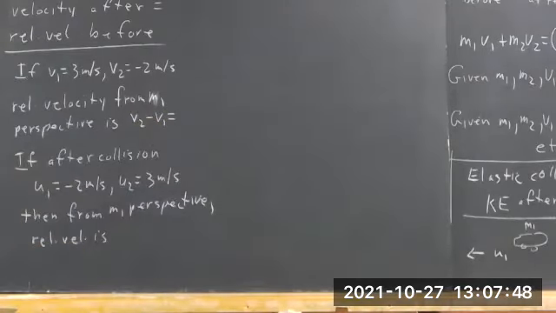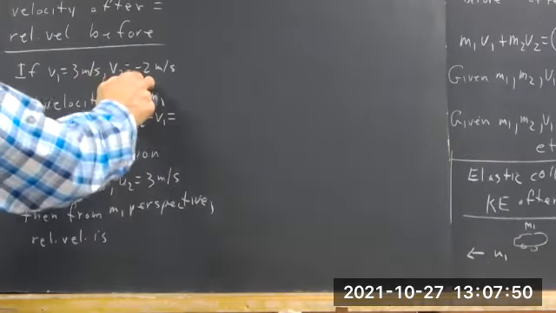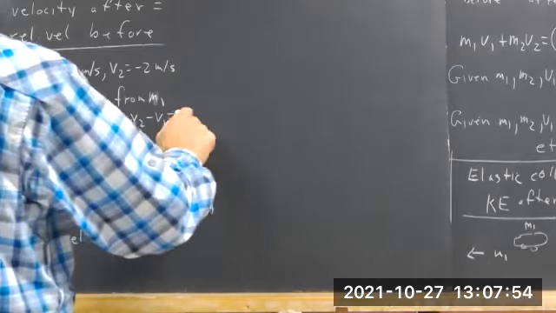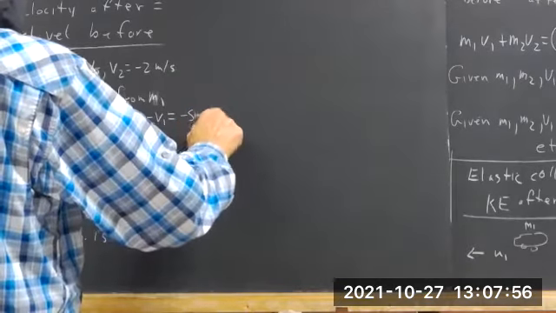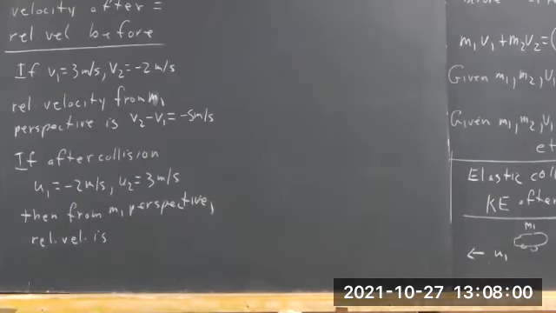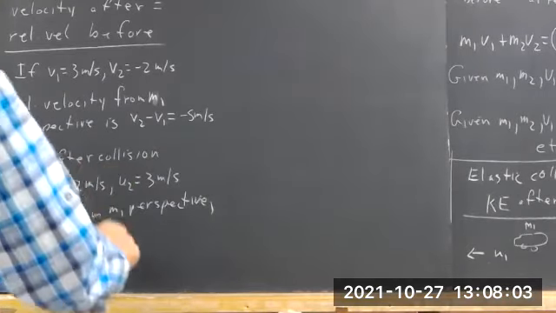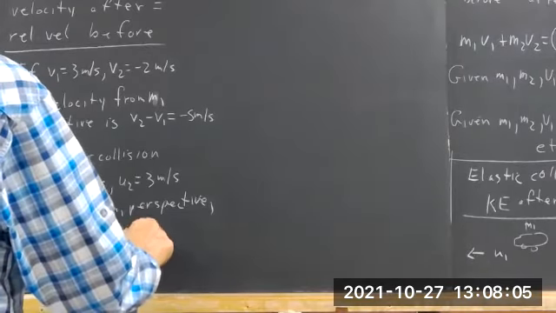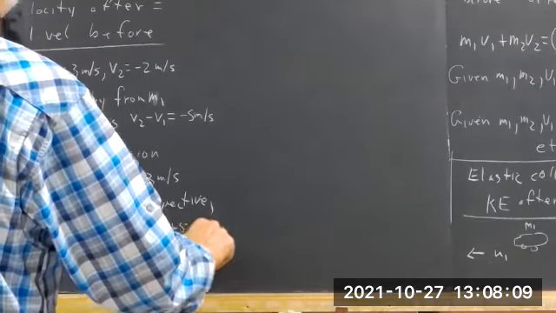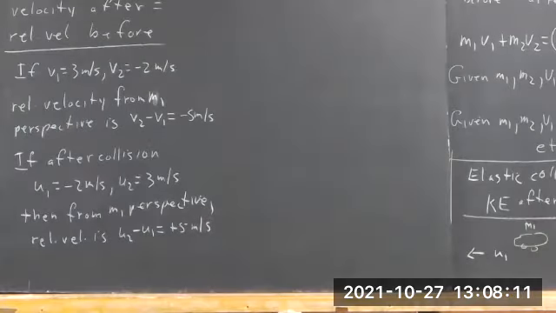Let's get the numbers to make sure we understand. It's negative 2 meters per second minus 3 meters per second. Relative velocity here will be plus 5 meters per second.